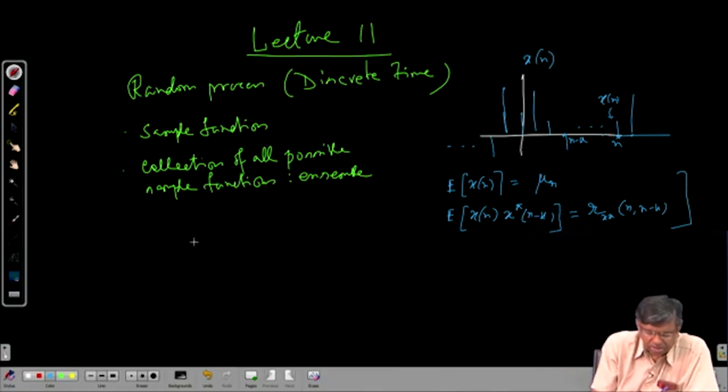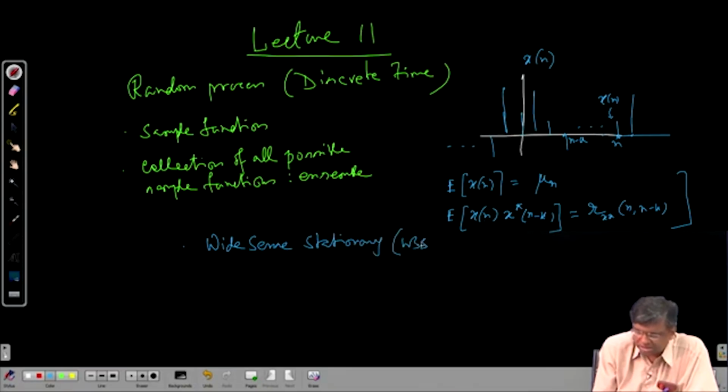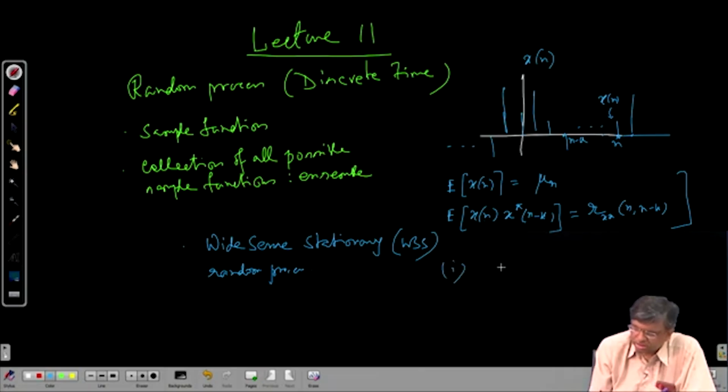There is a class of random process called wide sense stationary, WSS, random process. Here, first we assume mu n does not depend on n, it is fixed at all points.